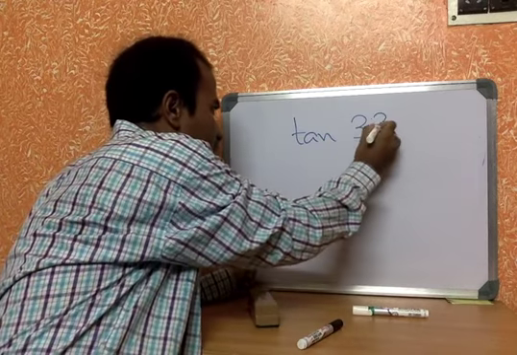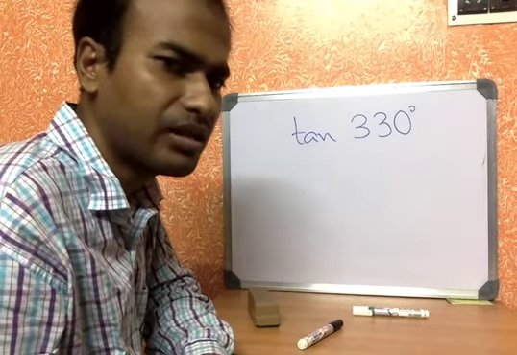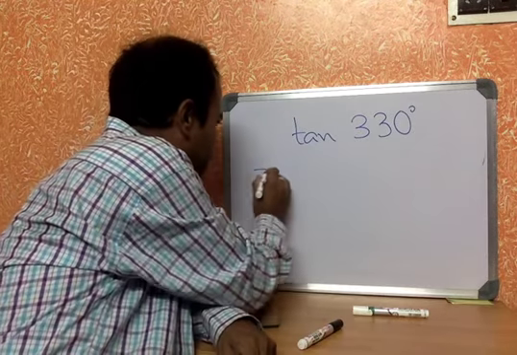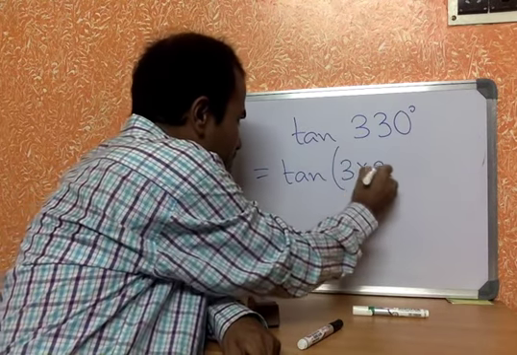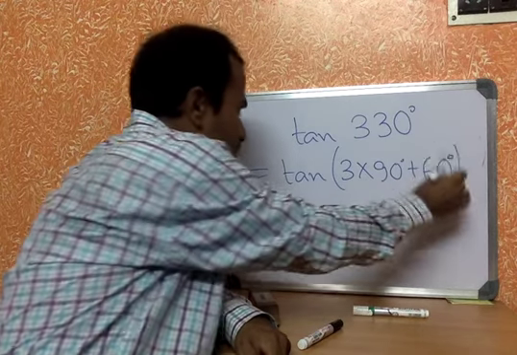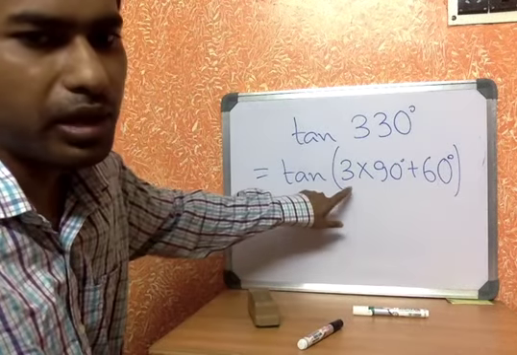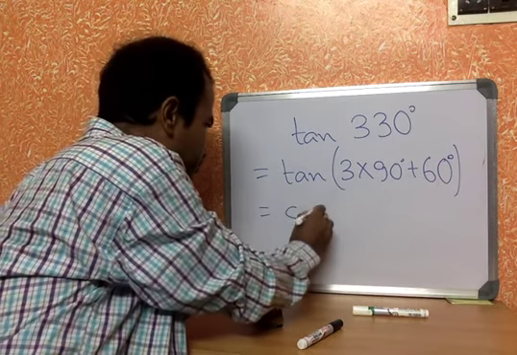Tan 330 degree. Tan 330. We can write it as 3 into 90 plus 60. Here 90 is multiplied by the odd number 3. So tan will change to cot.